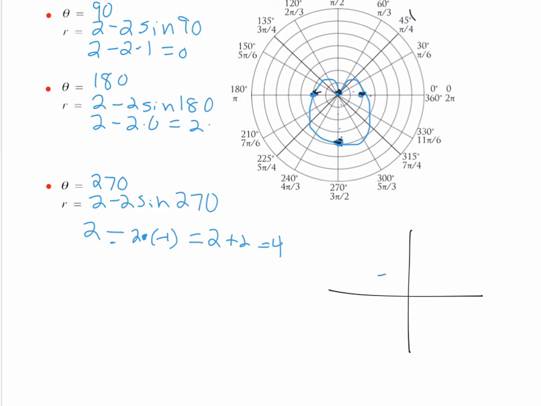Let's say I was going to do, well, maybe I'll do the same thing, but I'll do sine. So instead of 2 minus 2 sine theta, I'll do 2 plus 2 sine theta. What you can do is say, well, since this is a plus with sine, my furthest away point is going to be up 4 away.